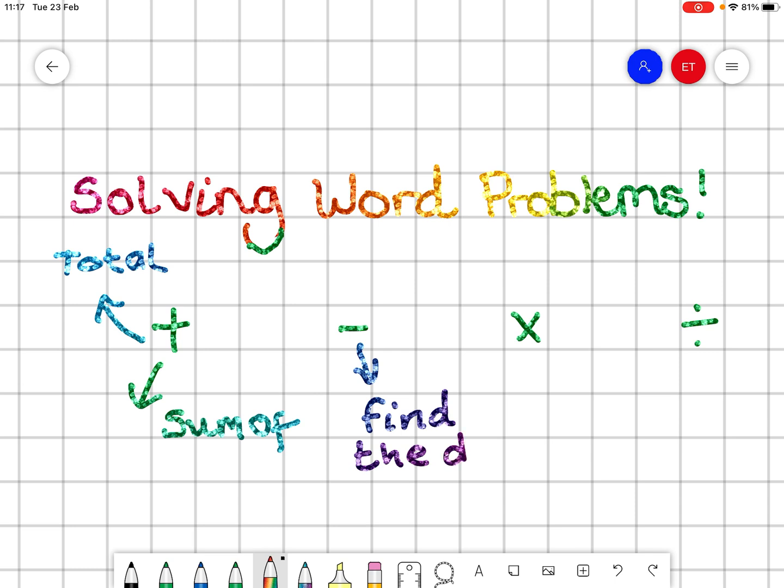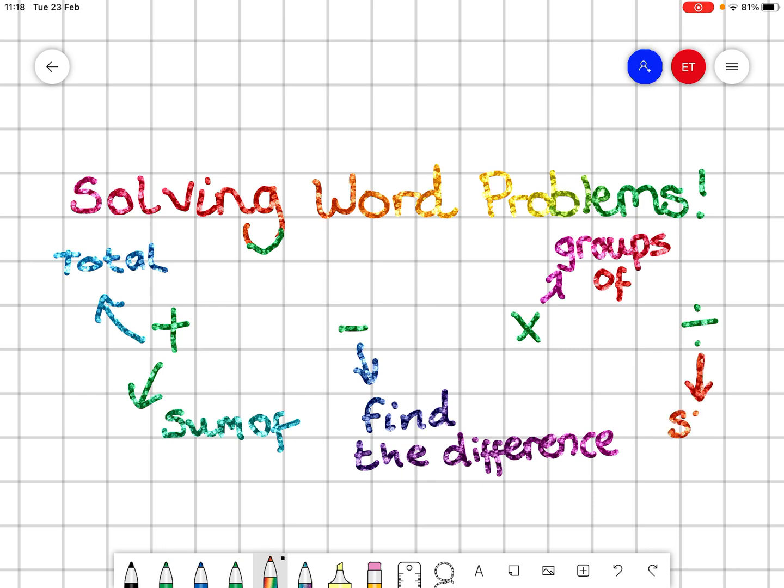You have to find the difference between 2 different things, then you're going to have to subtract them. And for multiplication, it might say groups of. And for division, it might say share or equal groups.